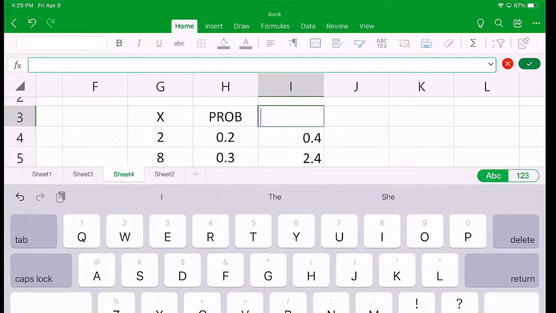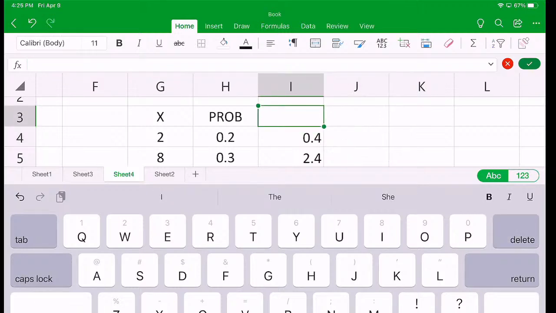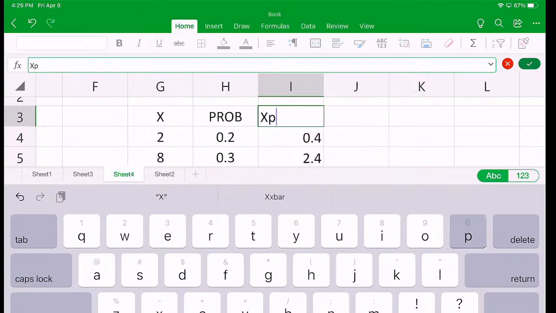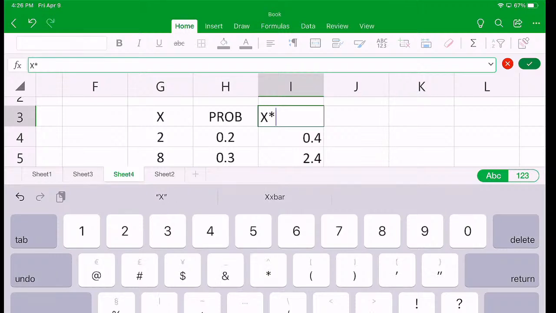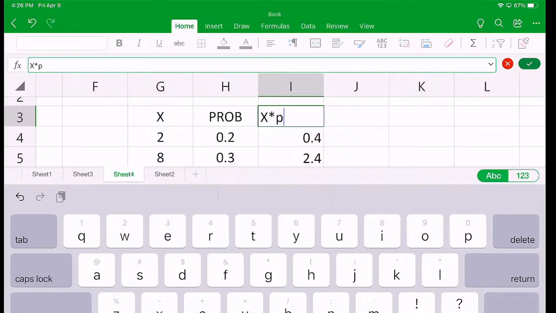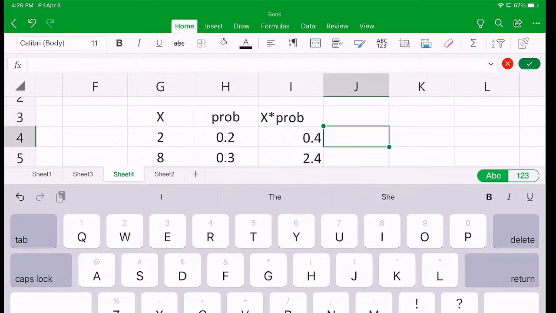Anyway, it's not pretty. I can't make it pretty here. Not sure how. All right.